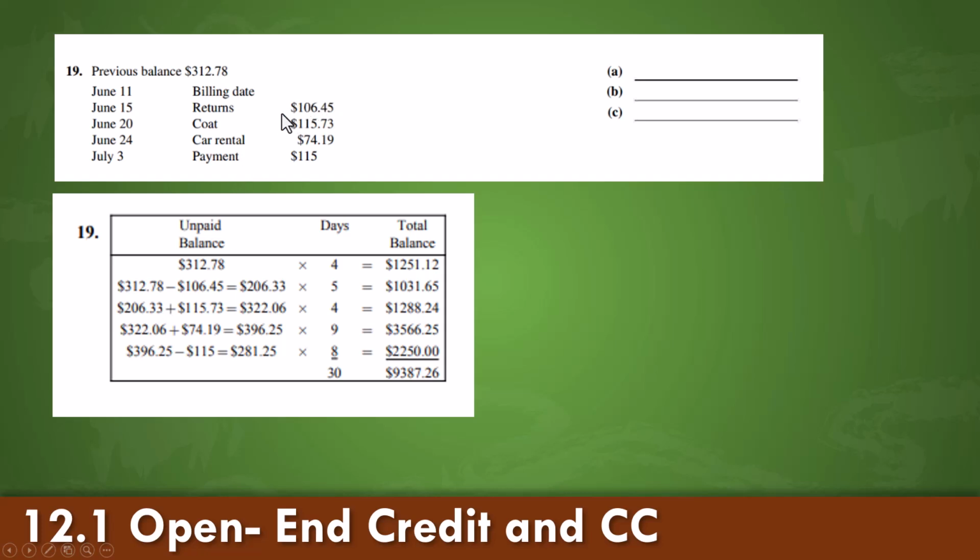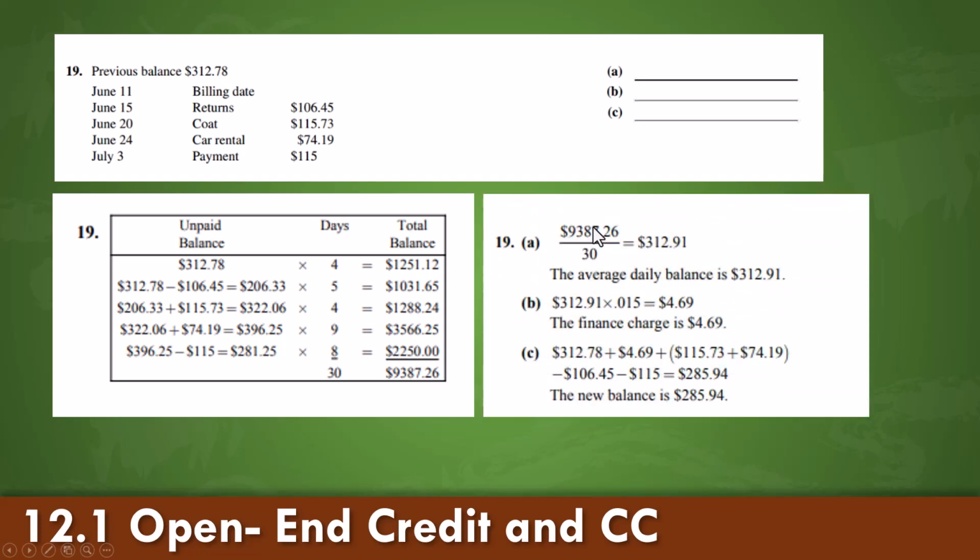Notice the 106 represents the return, so that is minus. 115 represents a payment, that is minus. All the rest are addition of increase in balance. We multiply this across. This gives us our total balance.